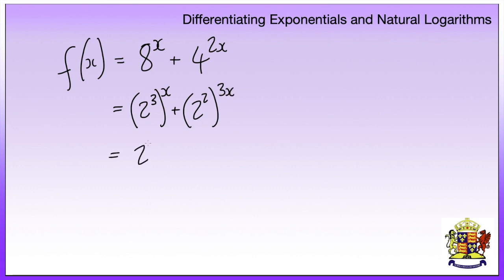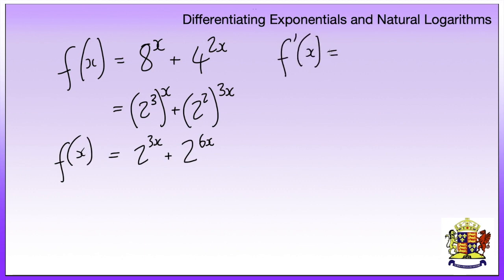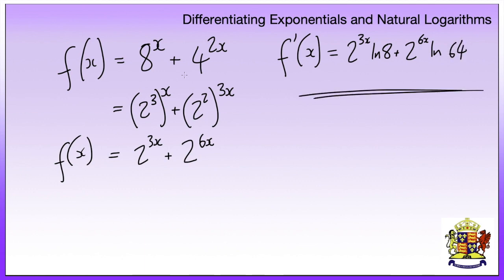This gives me 2 to the 3x plus 2 to the 6x. So when I differentiate this, I get 2 to the 3x ln 8, and I get 2 to the 6x ln 2 to the power of 6, which is 64. Okay? So you change the base and then apply that method to them.